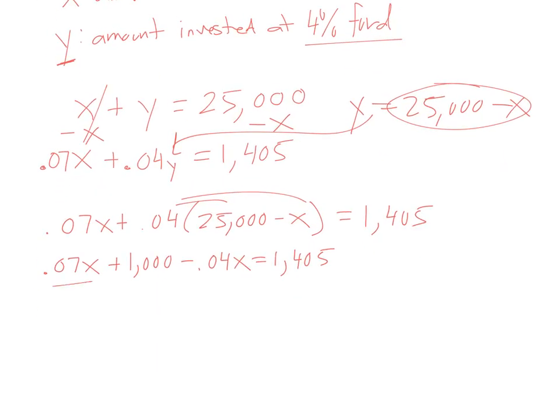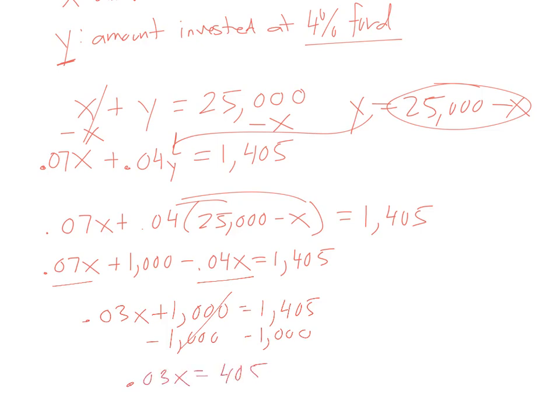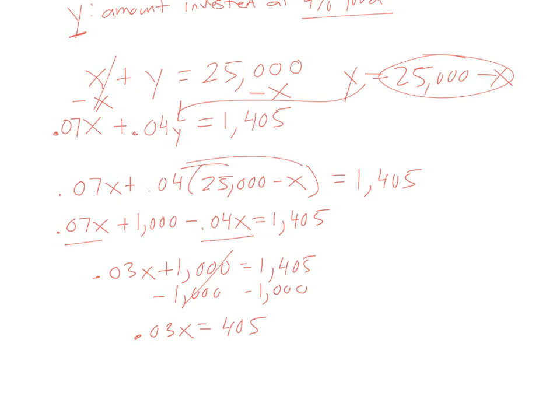Combine these two, I get 0.03x plus 1,000 equals 1,405. And I get 0.03x is equal to 405. Now I divide by 0.03, and I get x is equal to 13,500.